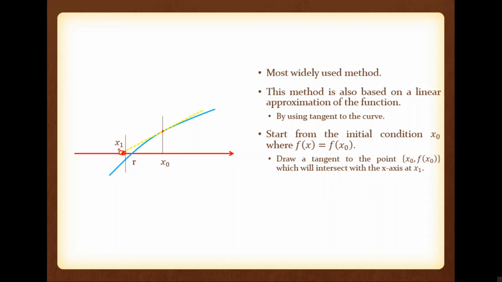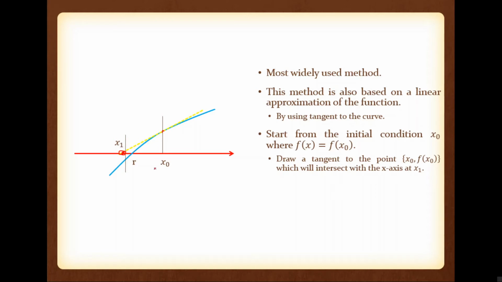What we are going to do is use x1 as the new point for the next iteration. Each time we replace the x value that we use for finding the next value. First we have x0; by using x0 we find x1; then by using x1 we find x2. Like that we are going to proceed.